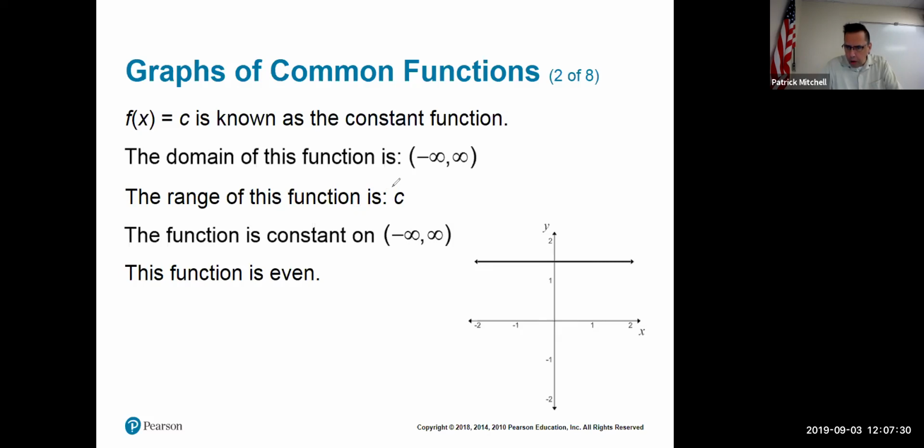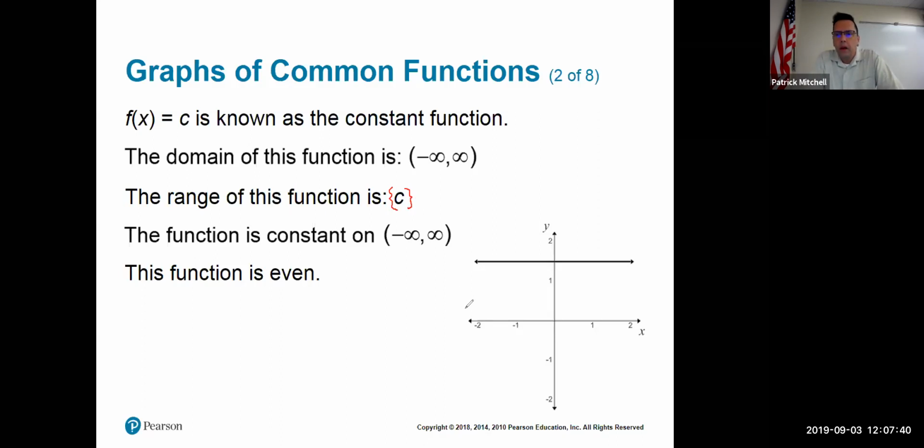I just noticed one nitpicky little thing on here. This c really should have curly braces around it because domains and ranges are always sets. So it's kind of an unusual function. It only has one number in its range. Usually the range has a whole bunch of numbers in it.